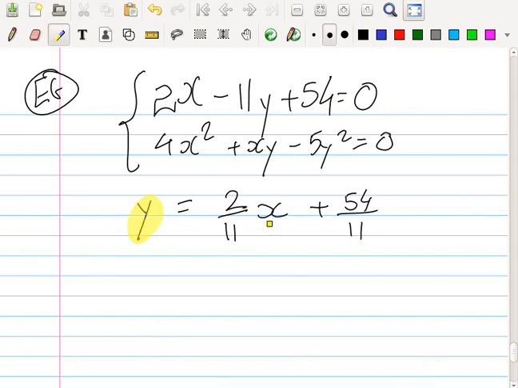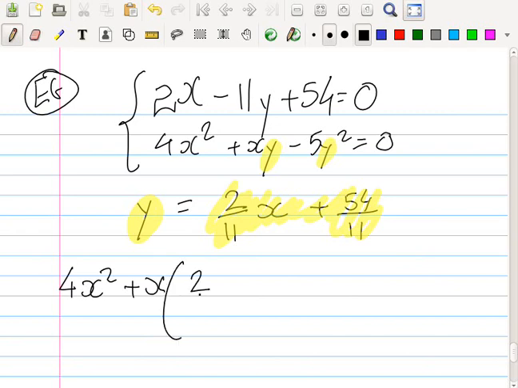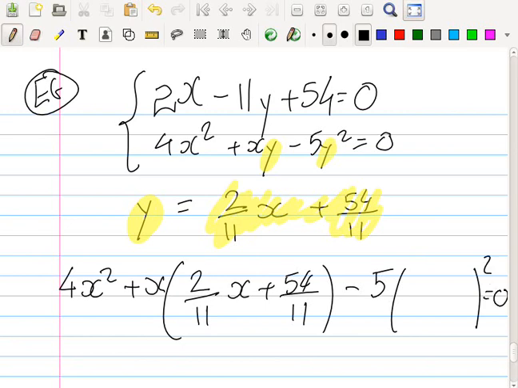Now this here is equal to y. And you have y here in the second one. So you substitute, you replace. So now we get 4x squared plus x times y minus 5y squared equals 0. Now, I'll give you a minute to write that down.